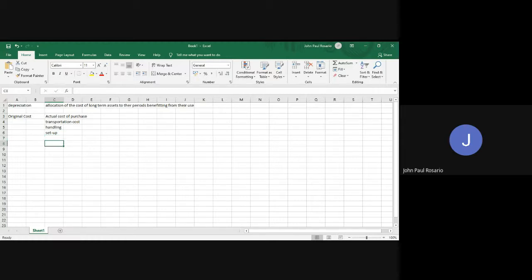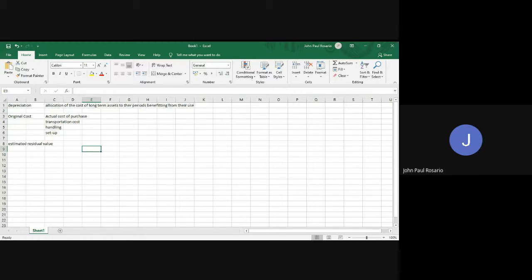And then we have our estimated residual value, which means that at the end of the useful life of the asset, or when you are done using the asset, you expect the asset to generate some income.